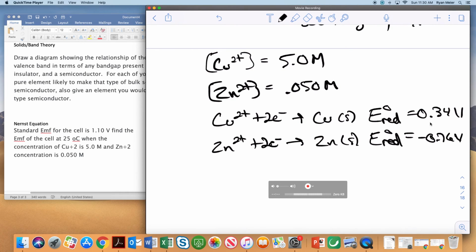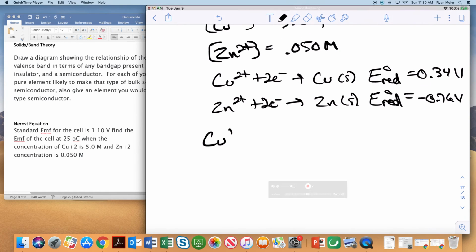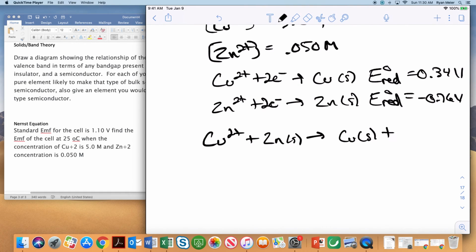Based on these voltages, copper has the higher reduction potential. This is the reduction reaction that'll happen. The reverse for the zinc is going to happen, so it's going to get oxidized instead. So our actual reaction is going to be Cu2+, I don't even need the 2 electrons, plus Zn solid going to Cu solid plus Zn2+.